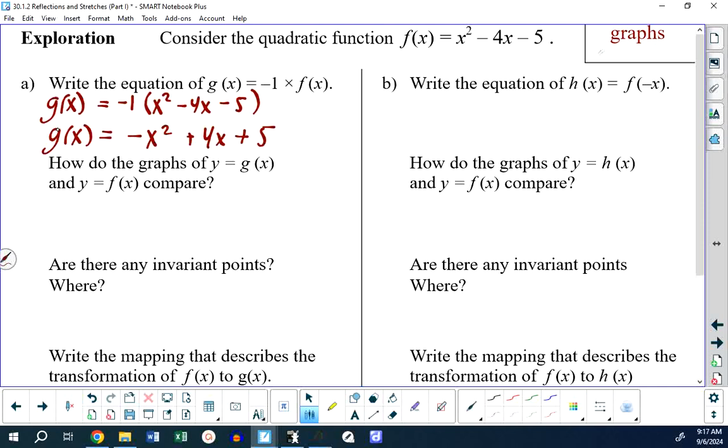Well, if f of x is x squared minus 4x minus 5, f of 3 would be 3 squared minus 4 times 3 minus 5. f of negative x is going to be the result of replacing x in the original function f with negative x, because we want to find f of negative x.